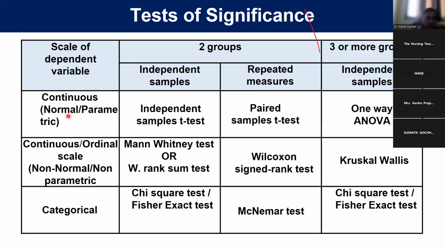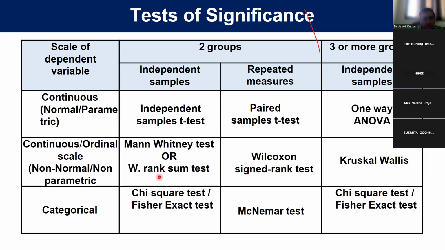If the dependent variable is continuous or ordinal and not normal, we should go for the Mann-Whitney U test or Wilcoxon rank sum test. The Wilcoxon rank sum test is a synonym of the Mann-Whitney U test.